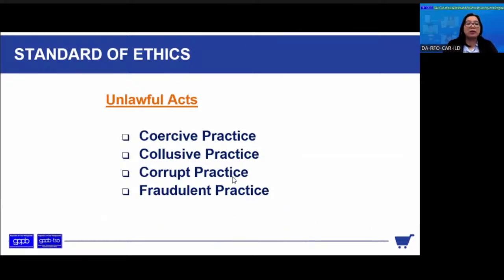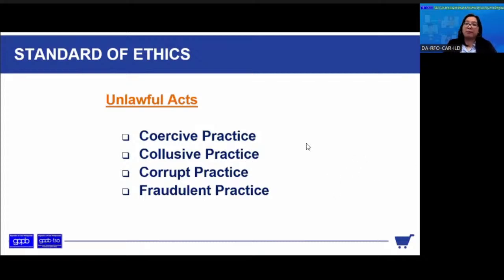So coercive practices means that there is an intention to harm or threaten, directly or indirectly, the persons or even their property to influence their participation in a procurement process, or to affect the execution of the contract.